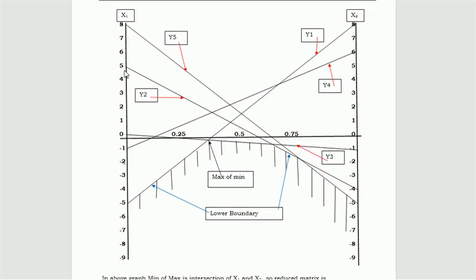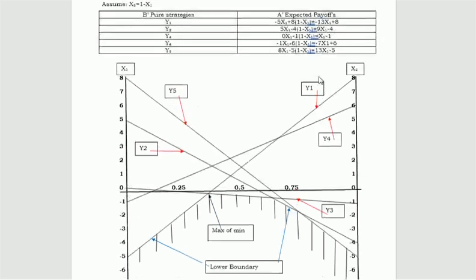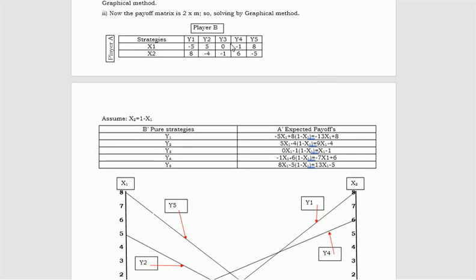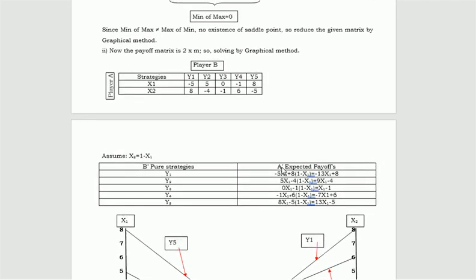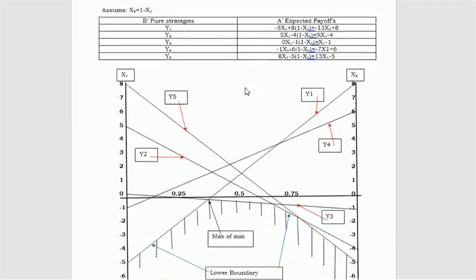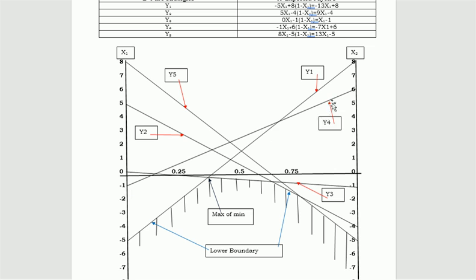This is y2, and the initial one is y1. Third one, 0 and minus 1. Here 0 and minus 1, this is y3. Similarly y4, minus 1 and 6, this is y4.